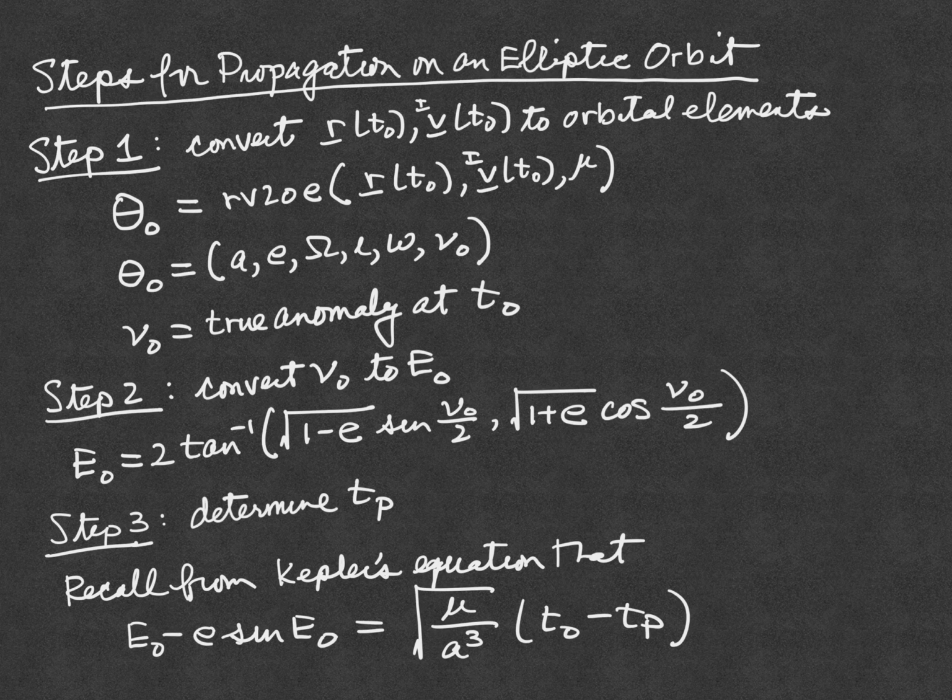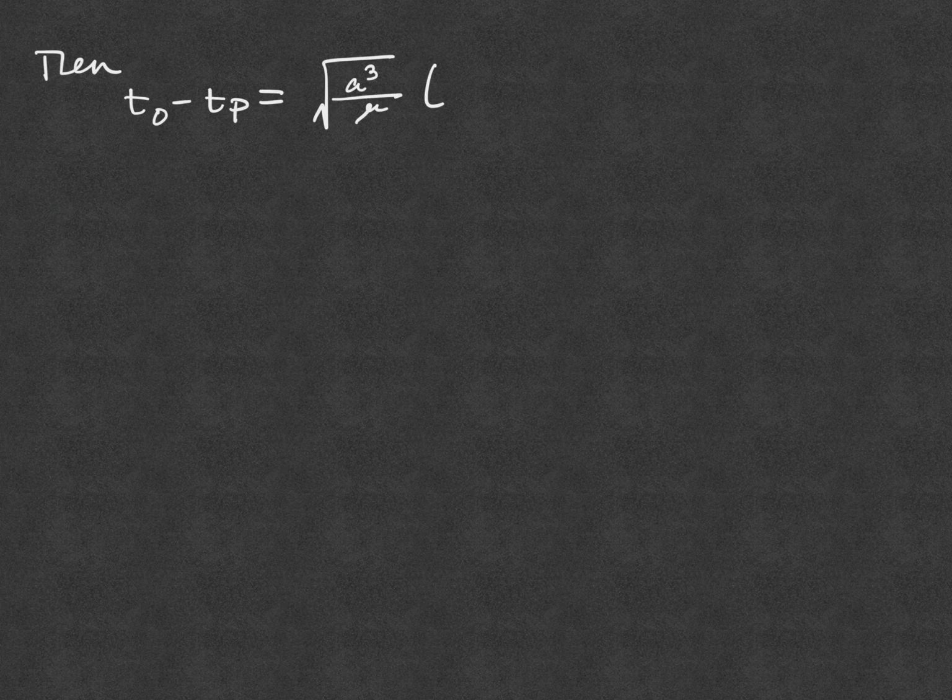So as a result, we can solve this equation for Tp. So then T0 minus Tp is equal to the square root of a cubed over mu times E0 minus little e times the sine of E0.